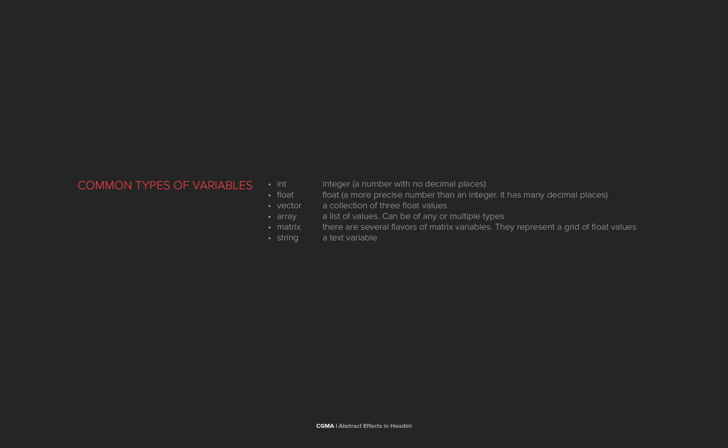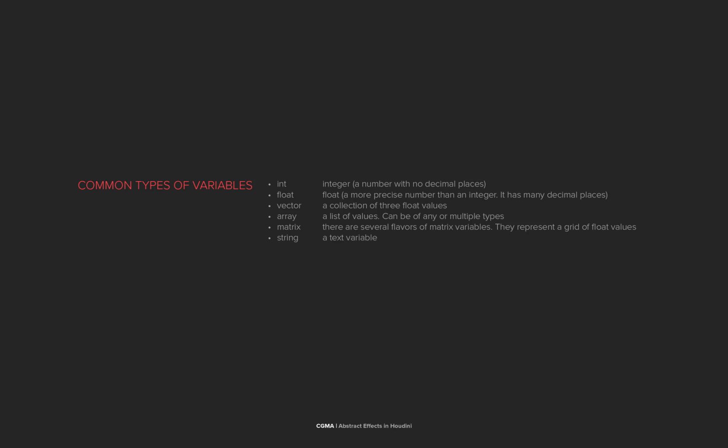So just to go over these pretty quickly, an integer is a whole number without any decimal places, meaning a number like 3, 27, 105. A float is a more precise number, meaning it has decimal points, 1.89734. Another one would be 5.42. Anything with decimal points is going to need to be a float.